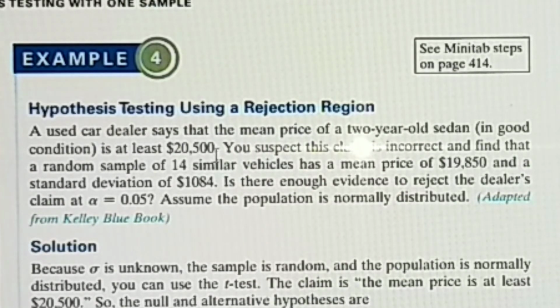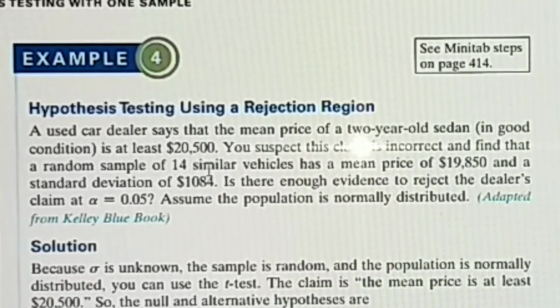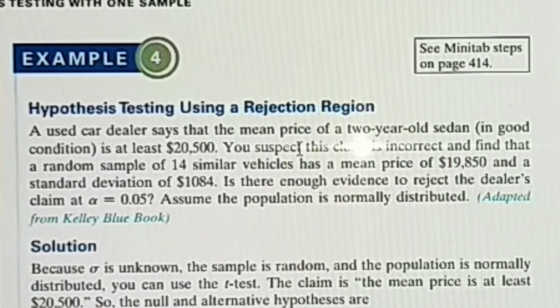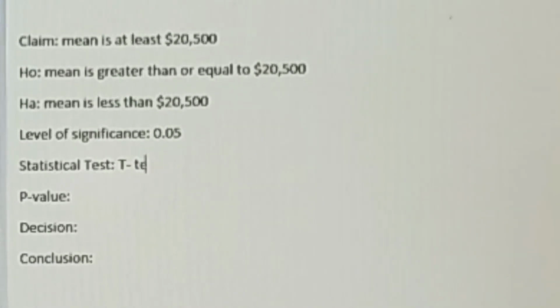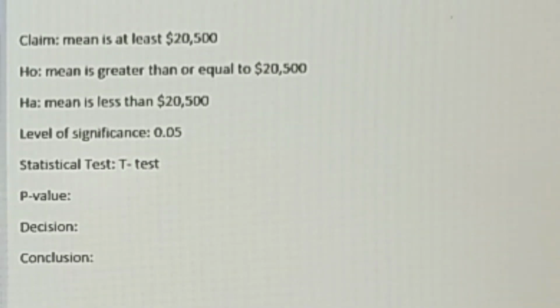Take note of this: the random sample size is less than 30, so by that, you have to use the T-test. We write it here, T-test. And then for the p-value, we will use MegaStat.